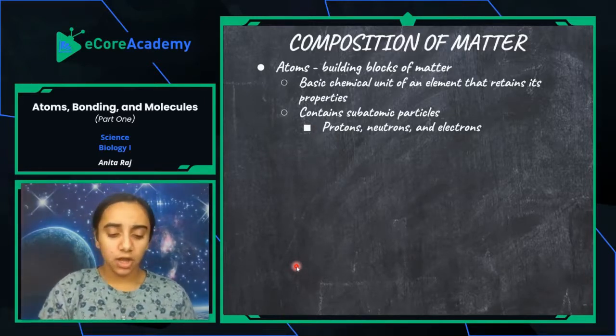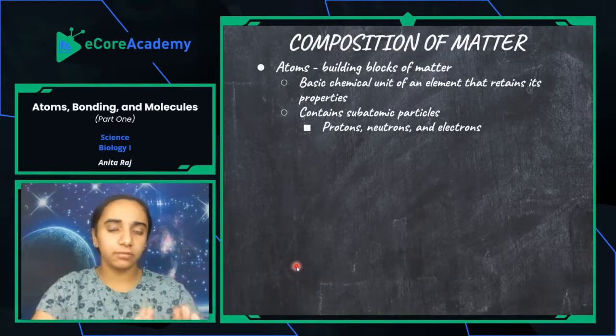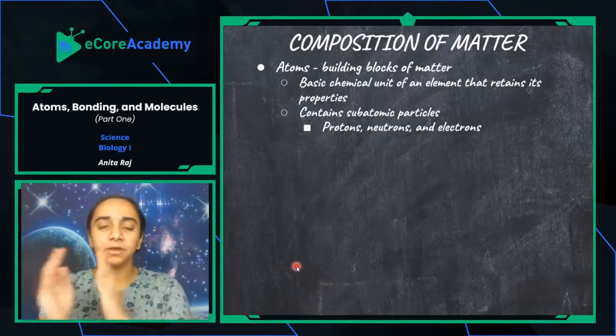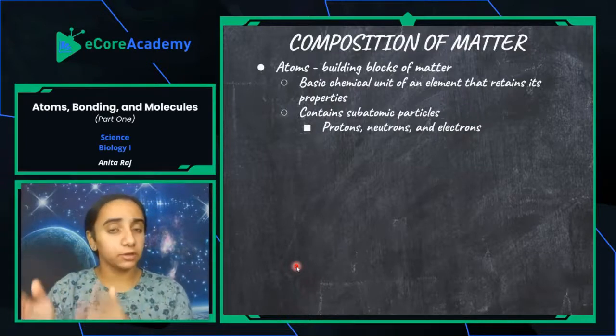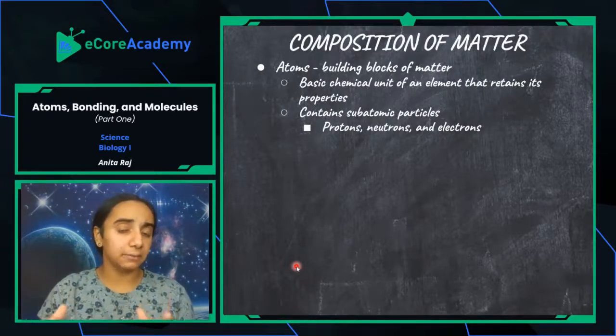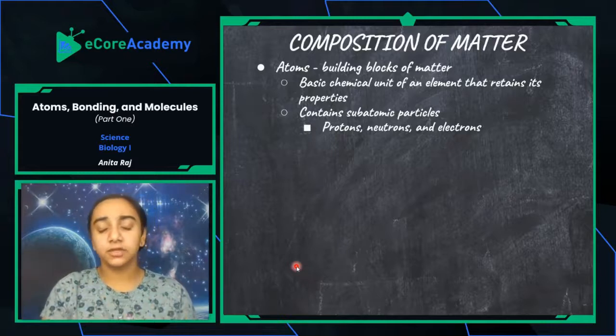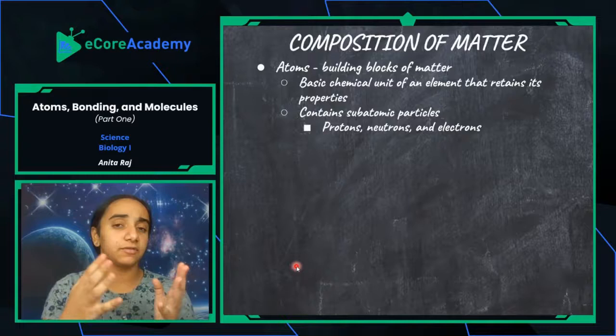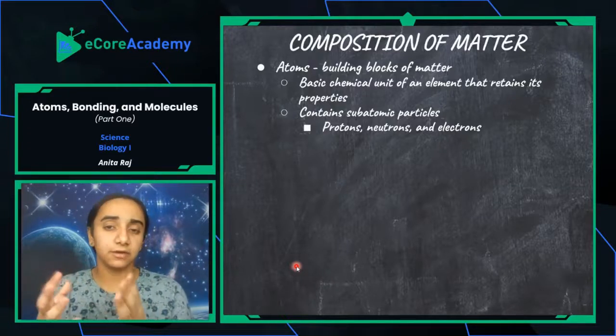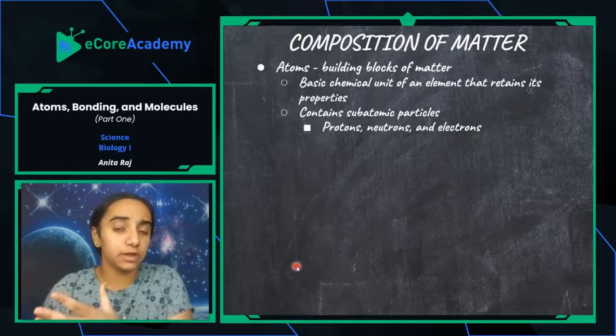If you all remember when I explained that in biology we build up from the cell to the tissue, to the organ system, to the organism, to the population, to an ecosystem, you can think of it similarly in chemistry as building off of the atom. Then you have an element, then usually some kind of compound or molecule, and then you can eventually build your way up to matter.